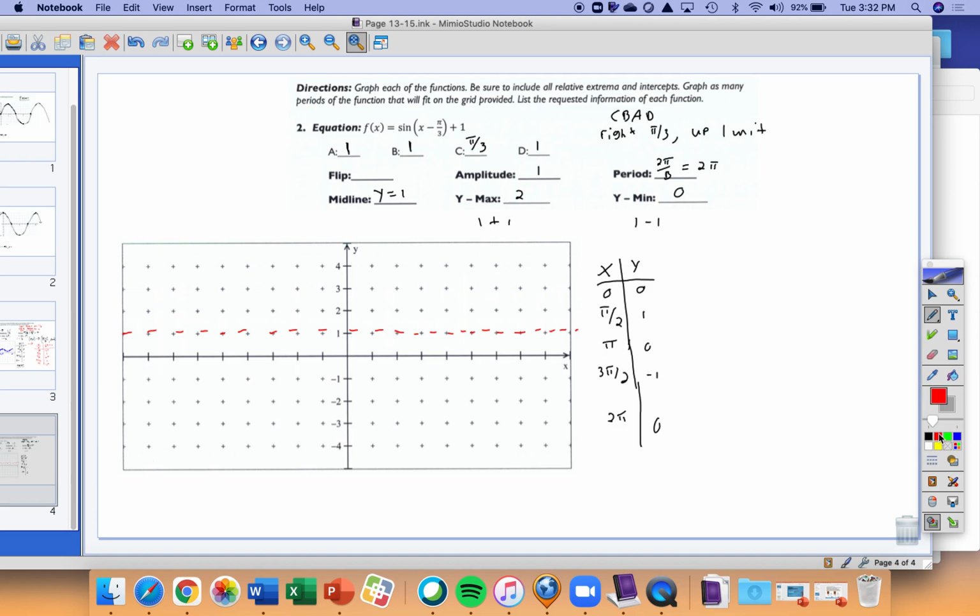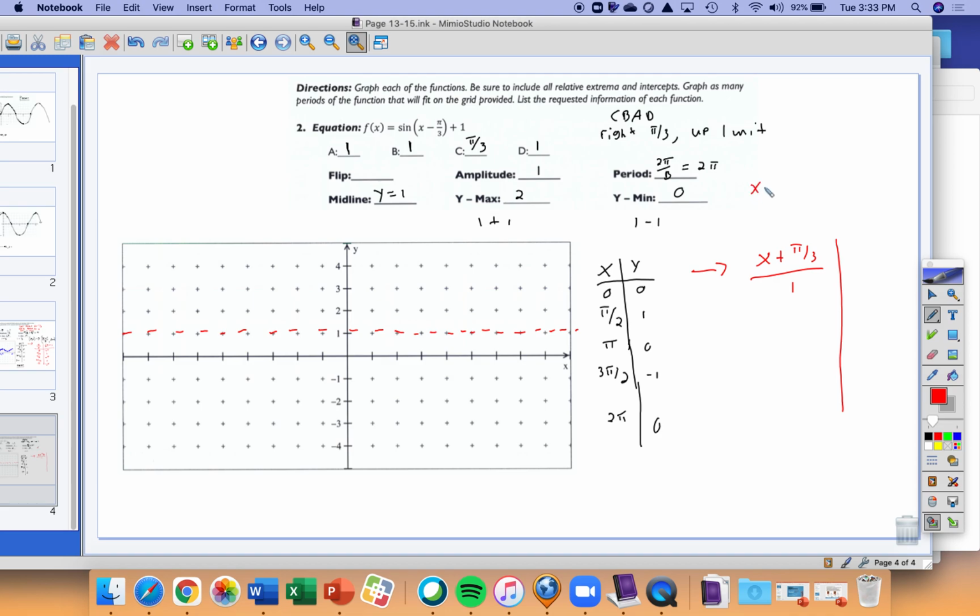And now we are going to transform these points. Remember, it is C-B-A-D, so it's x plus c divided by b. So x plus c, which is pi over 3, divided by b, which is just 1. And then the y values are a times y plus d.